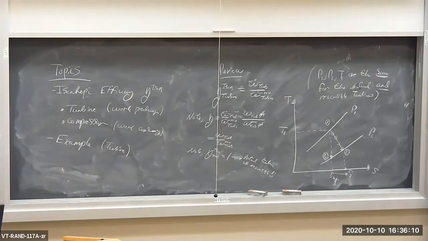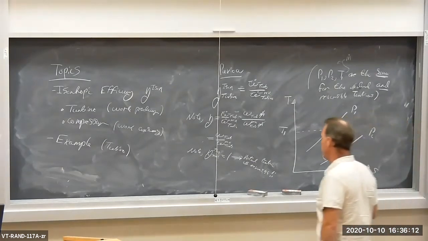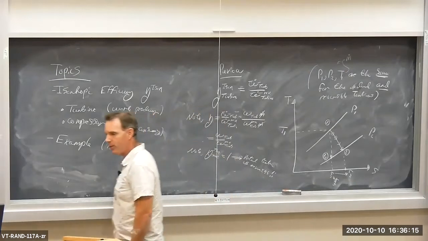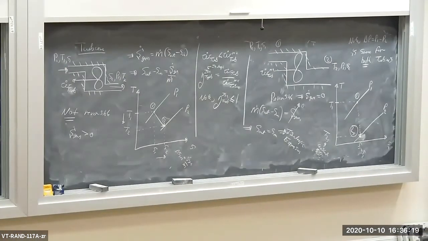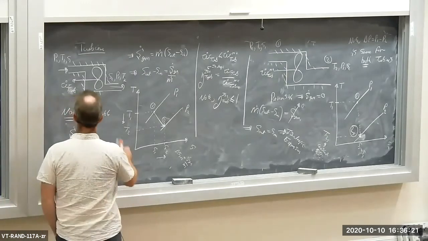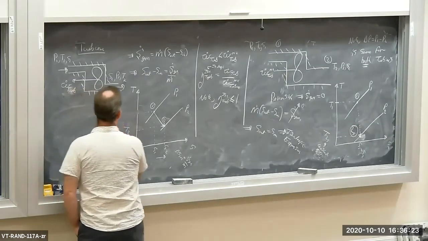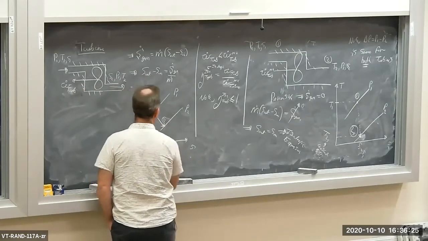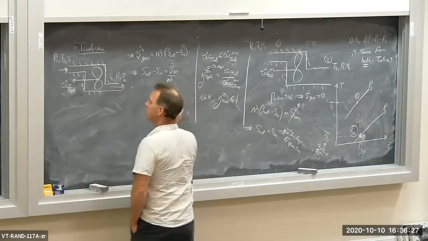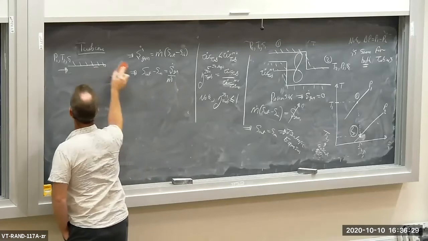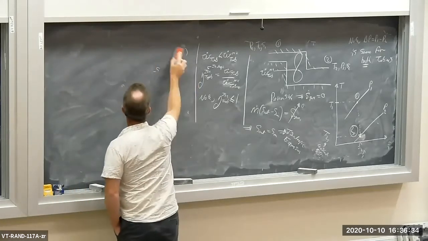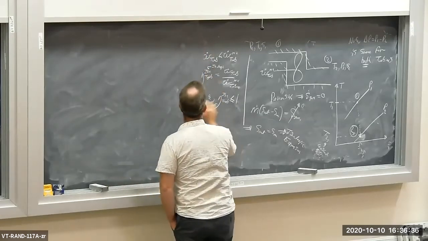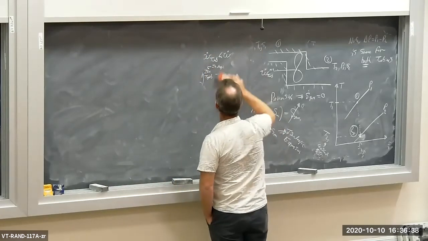The same thing can be done with a compressor. I'm not going to go through the whole comparison. Suffice to say that a compressor is a work-consuming device, and the reversible compressor will consume the least work to pressurize the flow from one pressure to another.